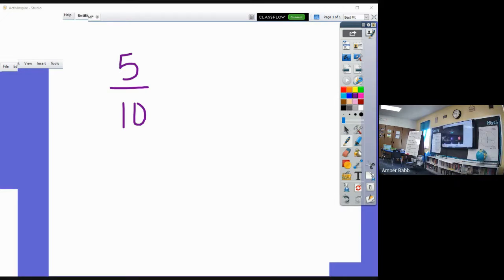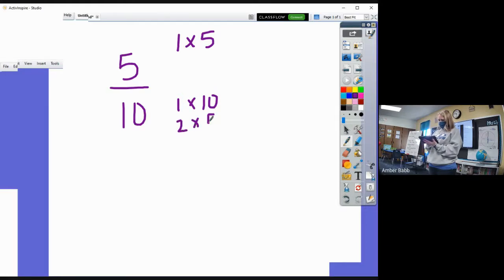5/10. Kaylee, close. Look at your denominator. Let's look at this together. What are my factors for 5? 1 times 5. Is there anything else? No. And down here, my factors for 10 are 1 times 10 and 2 times 5.